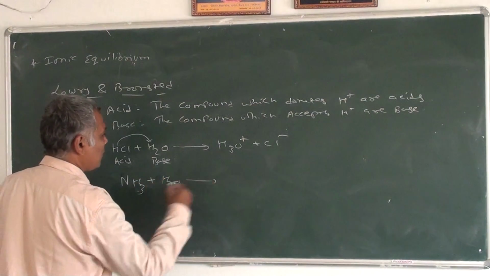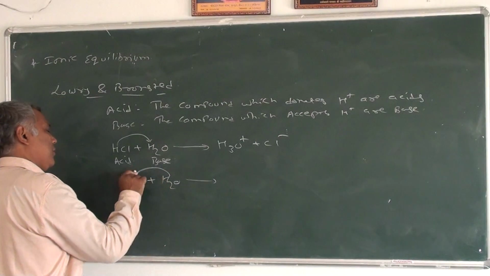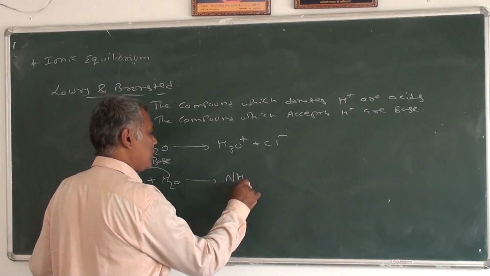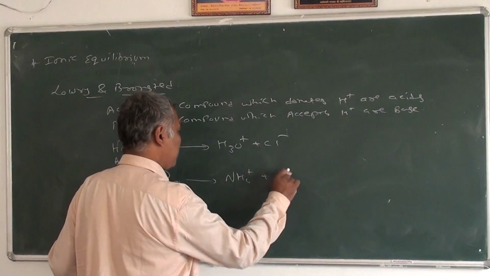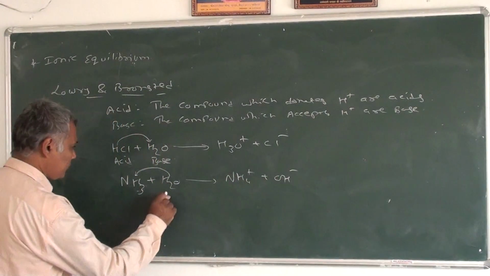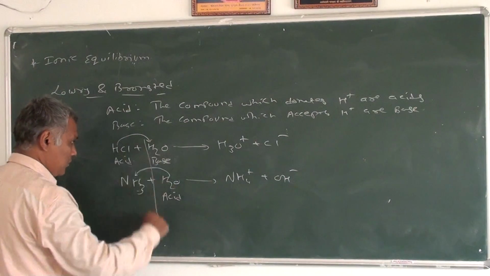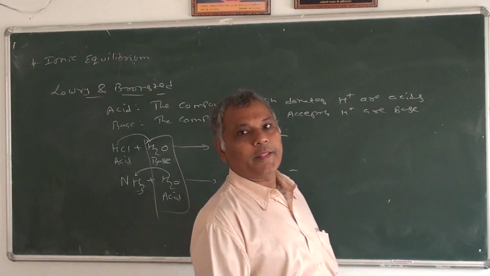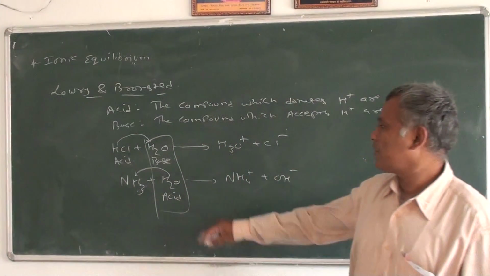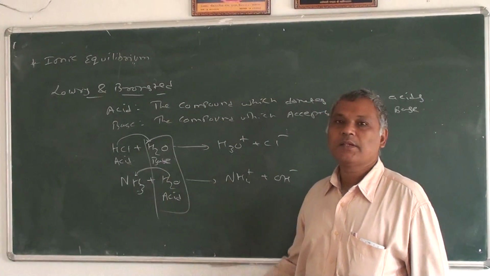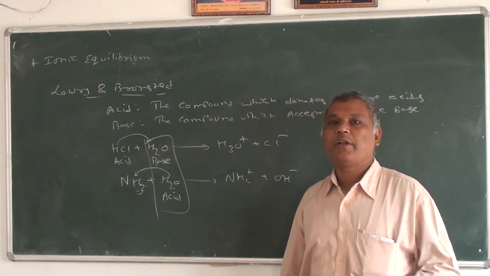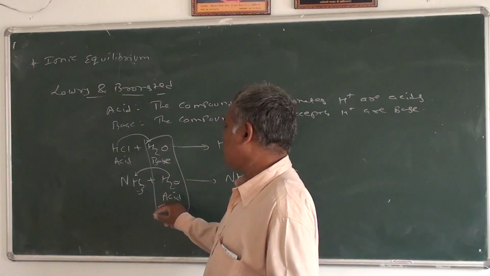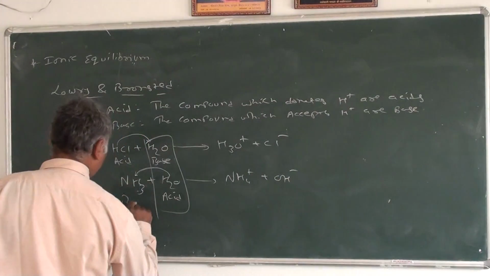When they took it, they found that water donated H plus, and it gets converted into NH4 plus and OH minus. This made water act with an amphoteric character. That formula shows that it can act as an acid as well as a base. So water is an amphoteric component. But at the same time, one acts as an acid, one will act as a base.